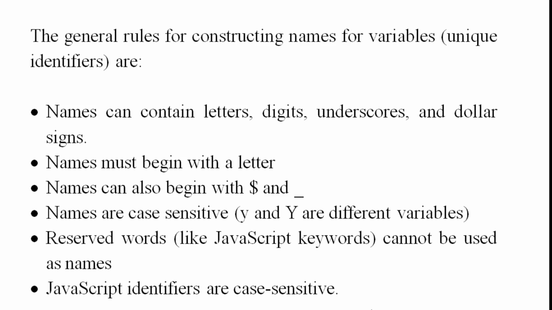We can produce the same name with lowercase letters and uppercase letters. Small y is different from capital Y. Reserved words like if, do, while should not be assigned as names for variables. JavaScript identifiers are case sensitive.